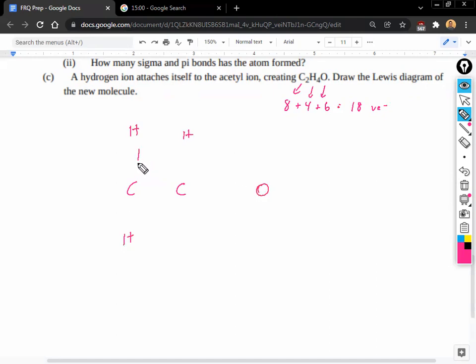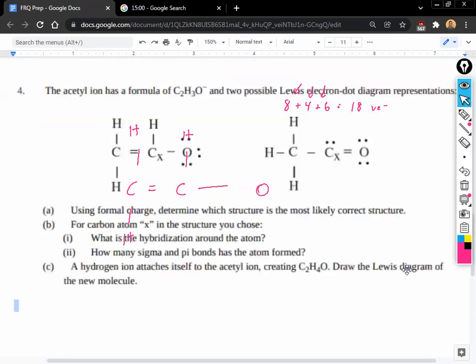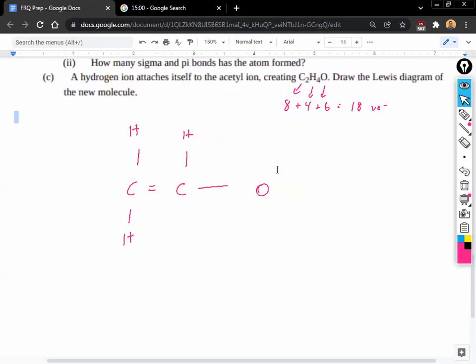If we take a look at the structure we had for the acetyl ion, we knew the correct structure was this one right here, the one on the left, with oxygen having 6 valence electrons. So I'm just going to start off by copying down that structure.